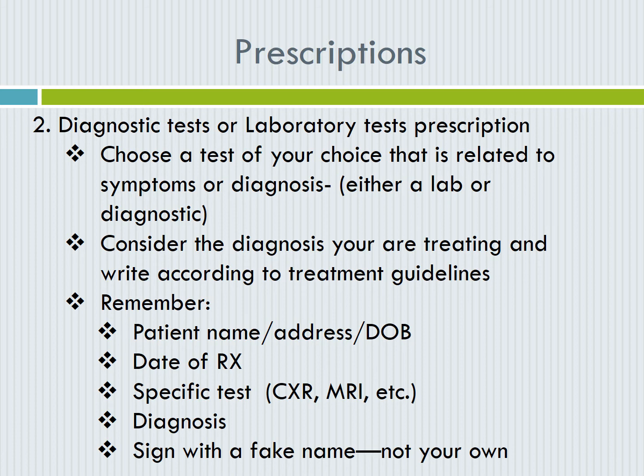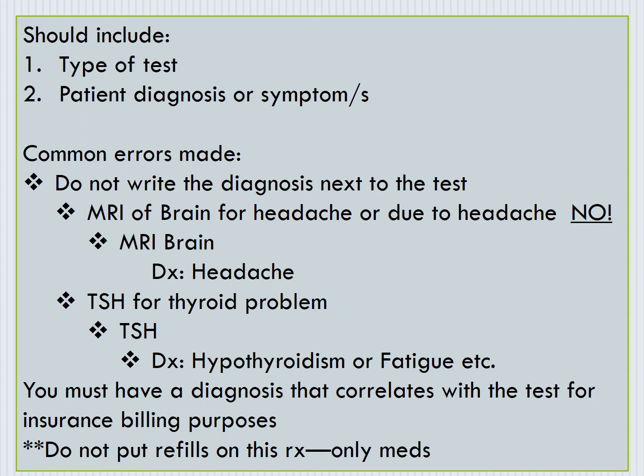Because if you don't have that on there, then the insurance company has no idea what to bill, or the lab or the diagnostic company does not have any idea what to bill your insurance company. And then make sure to sign this with a fake name, not your own. So on this prescription, you're going to have the type of the test and the patient's diagnosis or their symptoms.